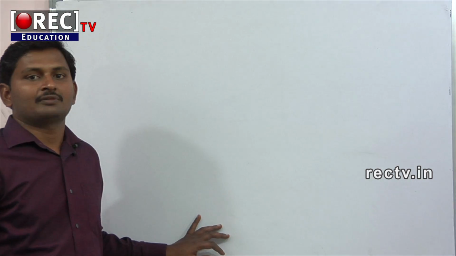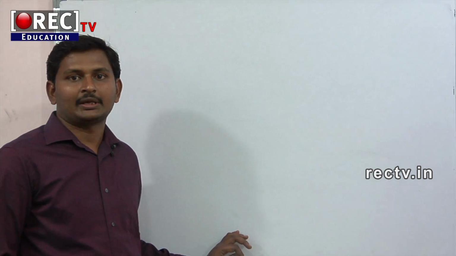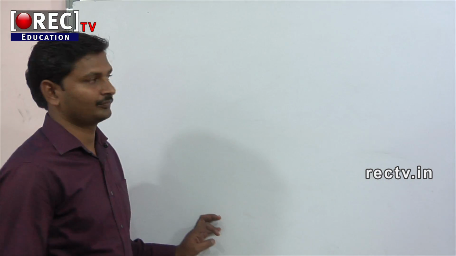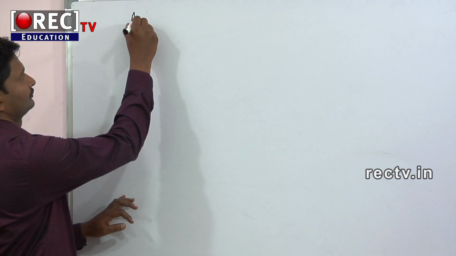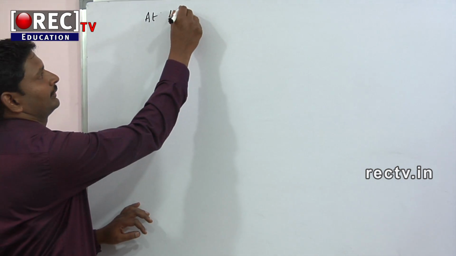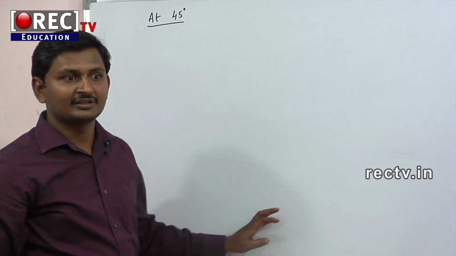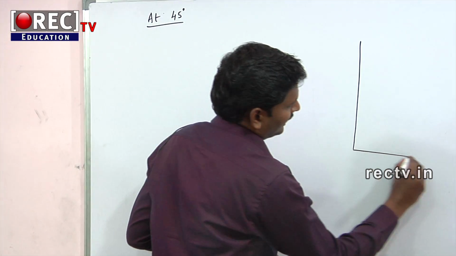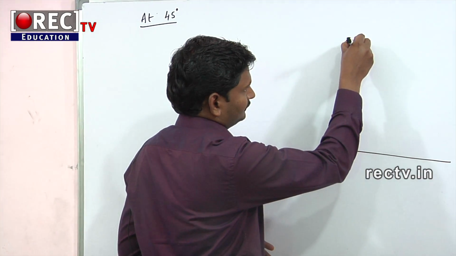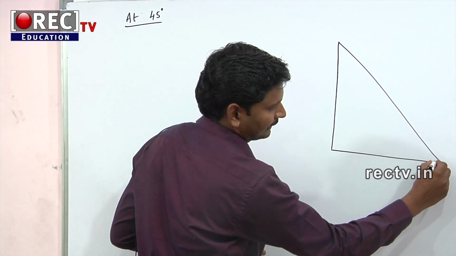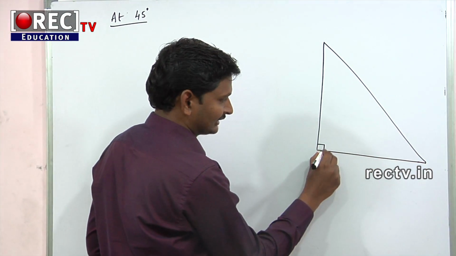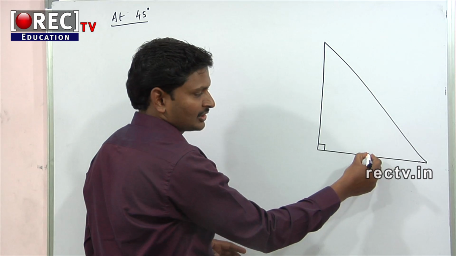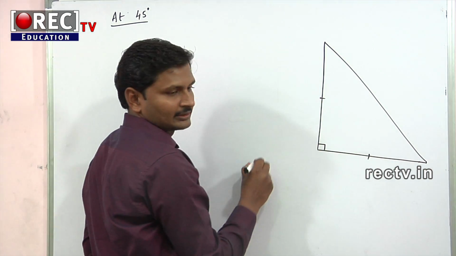Now the values of trigonometric ratios at 45 degrees. To find these values, we have to draw an isosceles right angle triangle. So here the right angle is there, and just consider this side is equal to this side.